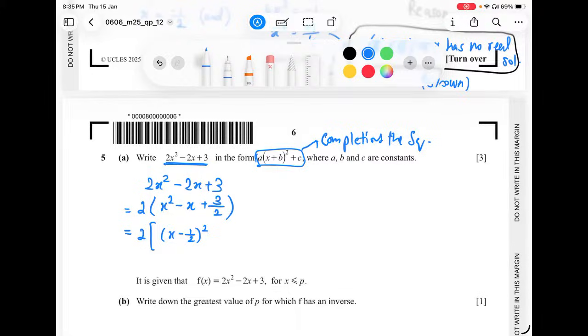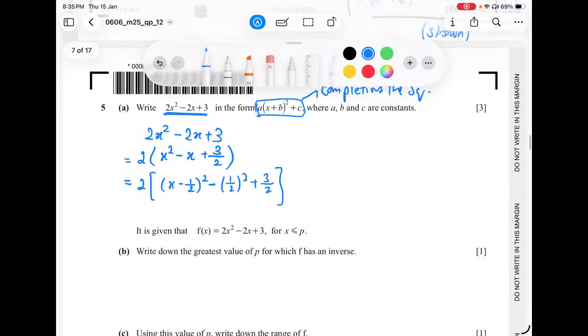Since there's a minus here, you just minus, and the coefficient of x is 1. You divide the coefficient by 2, and then minus the half squared. Since it's already minus, you minus the half squared plus 3 by 2, and then you close the square brackets.